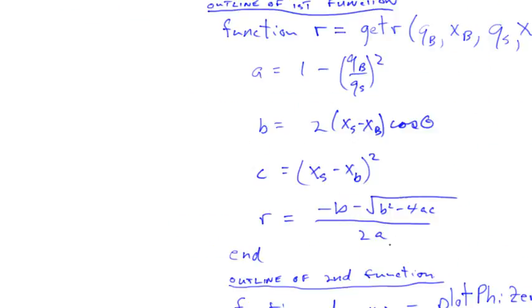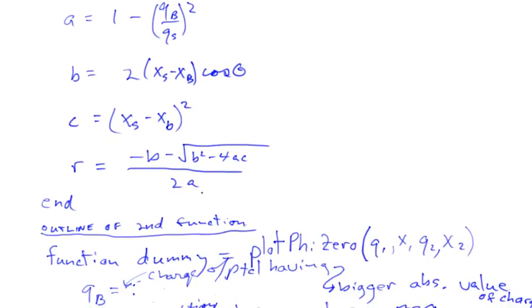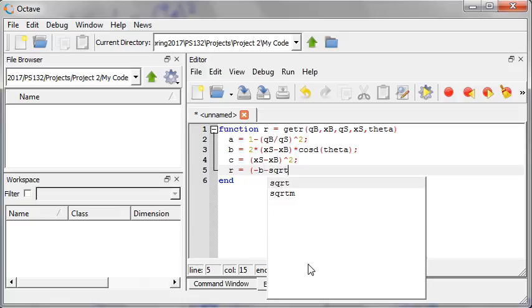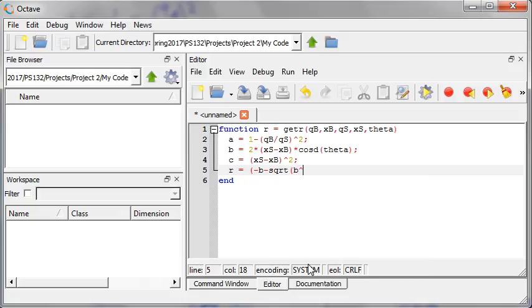And then I think the next thing I've got to do is calculate R just using the quadratic formula. So R equals, in the numerator, minus B, and then minus, we chose the minus of the two possibilities, the square root of B squared minus 4 times A times C. B squared minus 4AC.